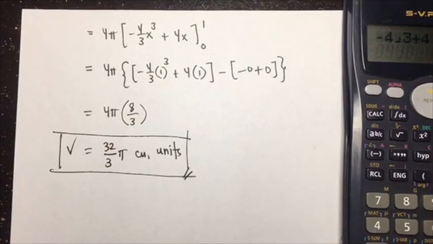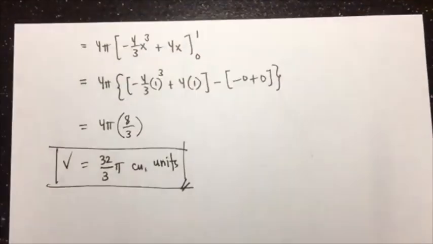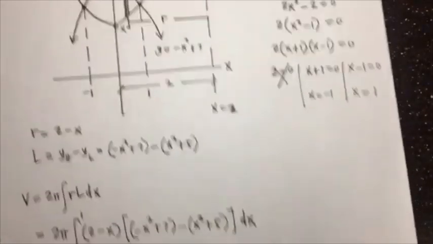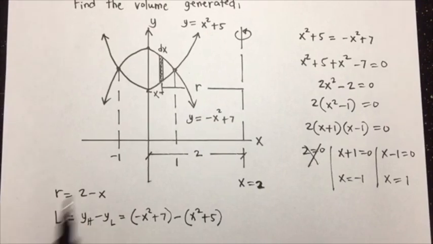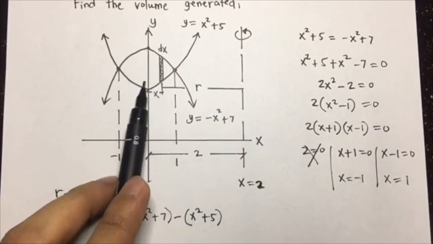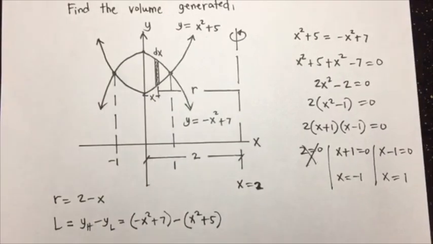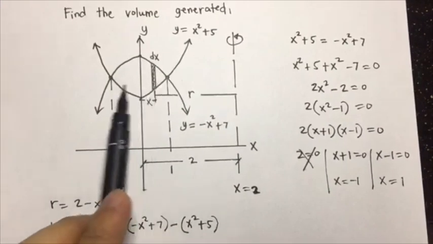If you try another method for this, say for example you will be using rings, then you will have to use a horizontal strip.